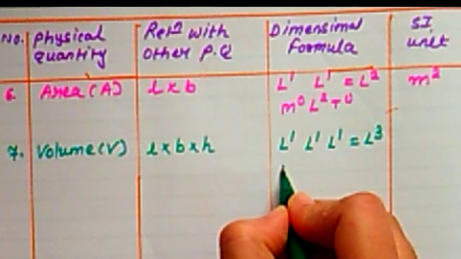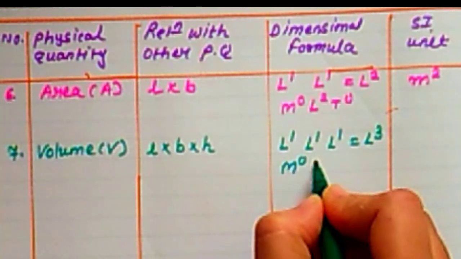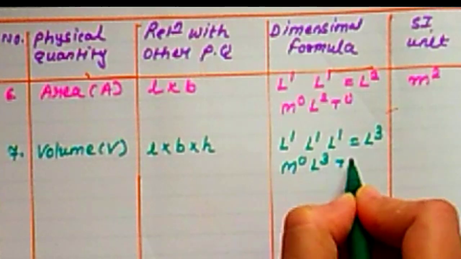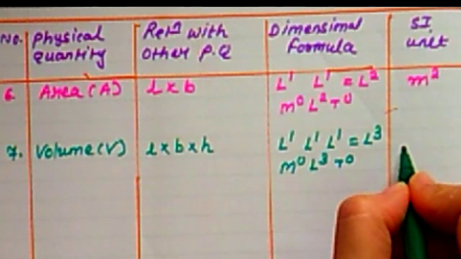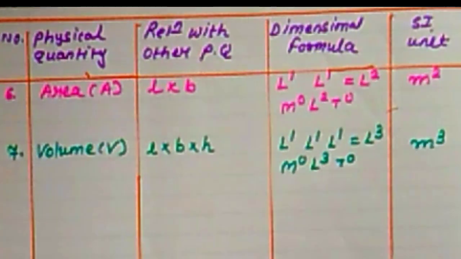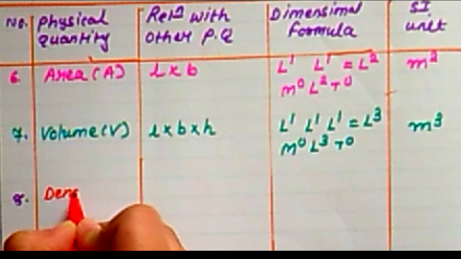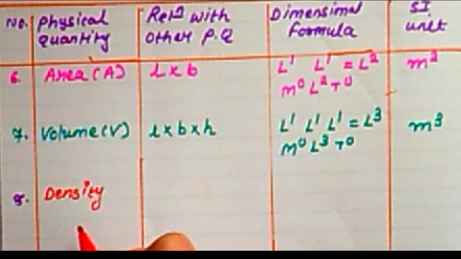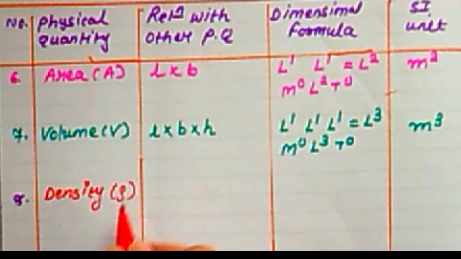And the dimensional formula of volume is M0 L3 T0 and the SI unit of volume is meter cube.